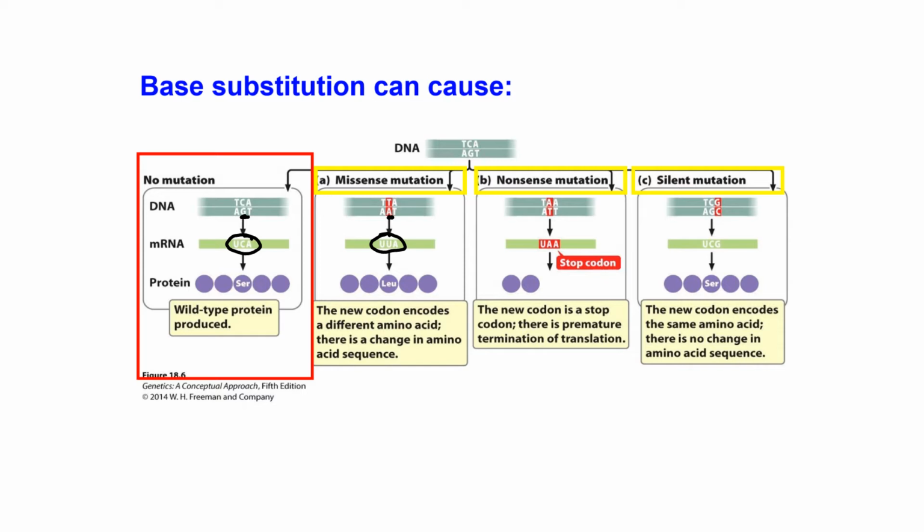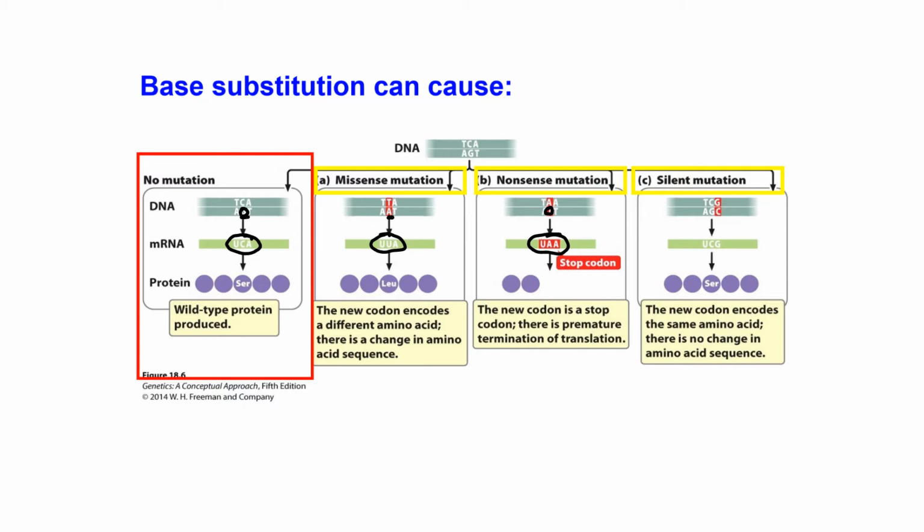Now, base substitution can also result in nonsense mutation. It's outlined right here. If instead of G, thymine is incorporated into the template DNA, this will change the UCA codon to a UAA codon, which is a stop codon, which would trigger premature termination of protein synthesis, so it is a nonsense mutation.